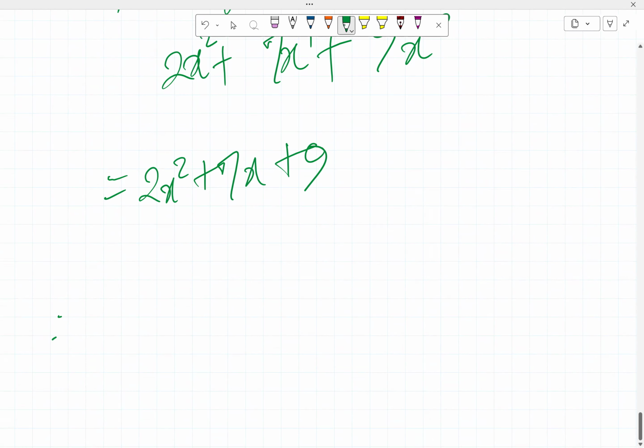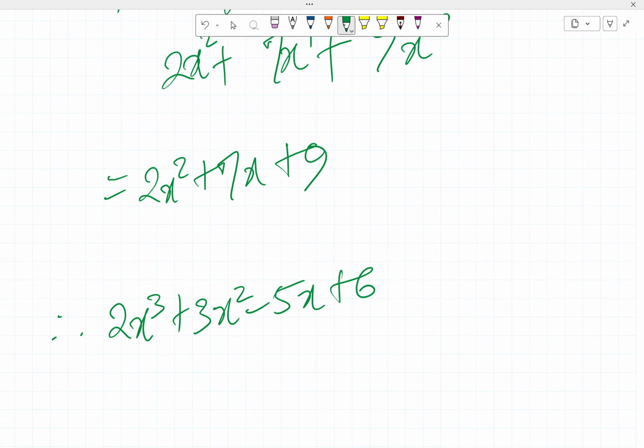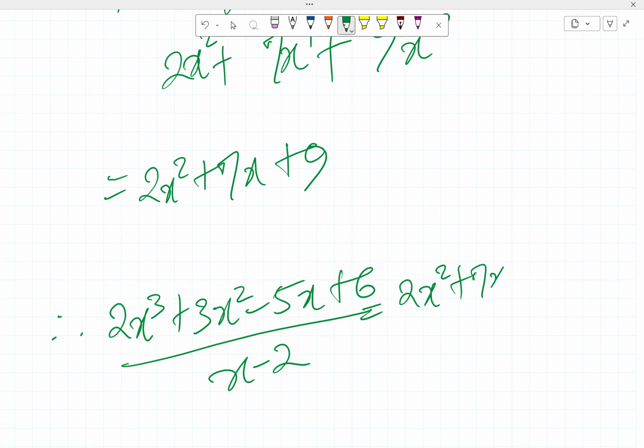We can now say, therefore, 2x cubed plus 3x squared minus 5x plus 6, all over x minus 2, is equal to 2x squared plus 7x plus 9 plus 24 all over x minus 2.